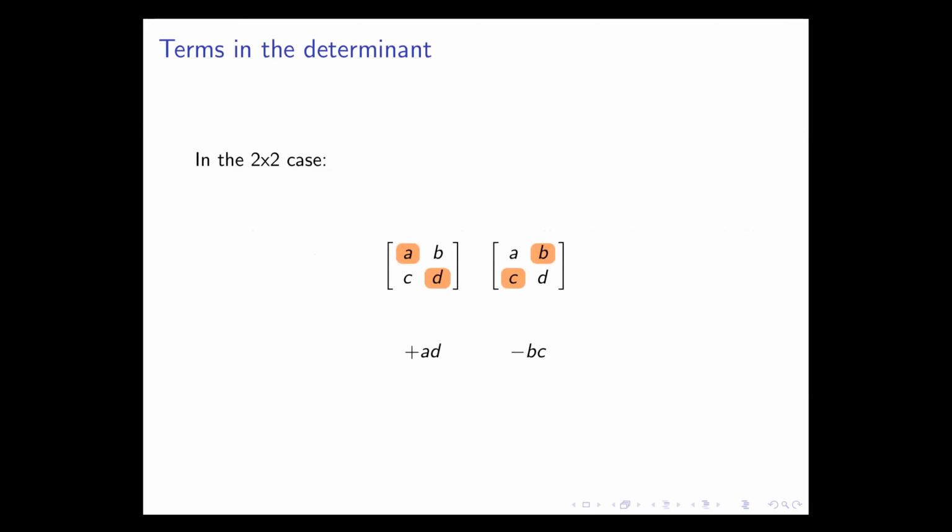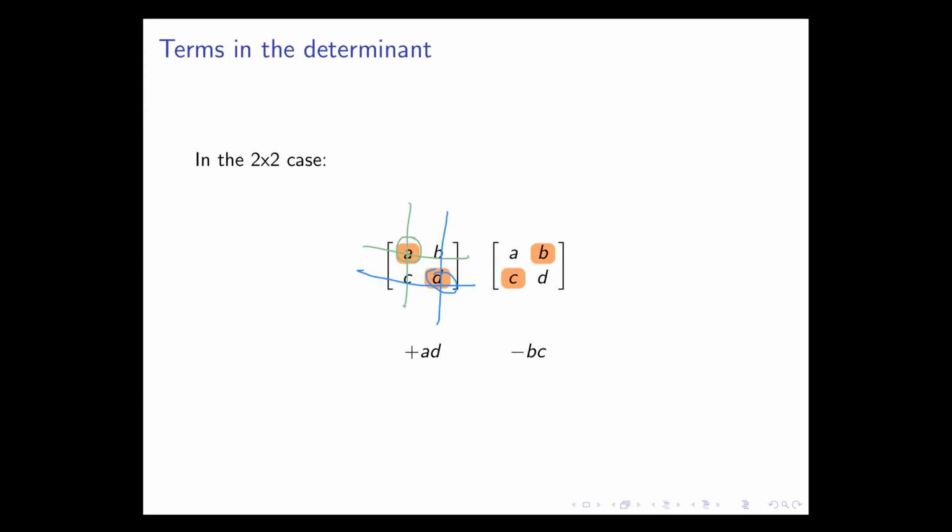So see here in the 2 by 2 case, we took element A from the first row and first column, and there was nothing else from that row and that column. Then element D was taken from the second row and second column. That's one way we can do it.